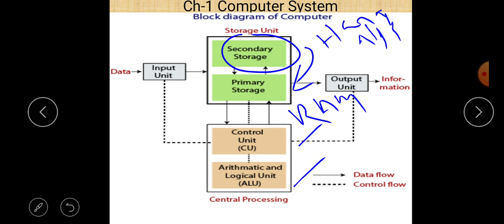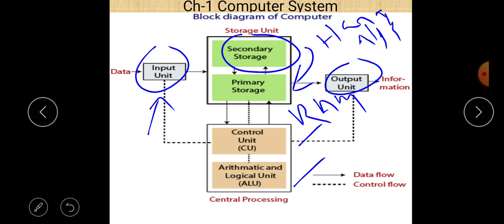Now let us talk about the input unit and output unit. The input unit and output unit basically represent input devices and output devices. So we give the data to the input device, and the input device processes the data, actually converts the data into binary form, and then sends it to the secondary storage.